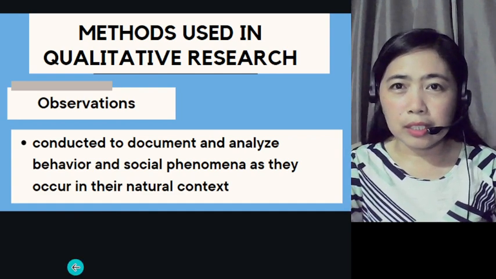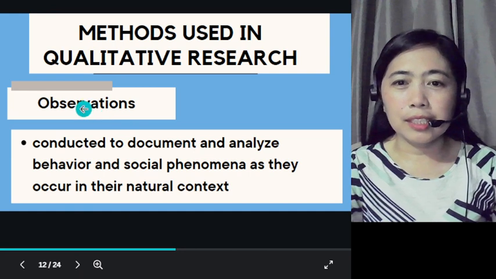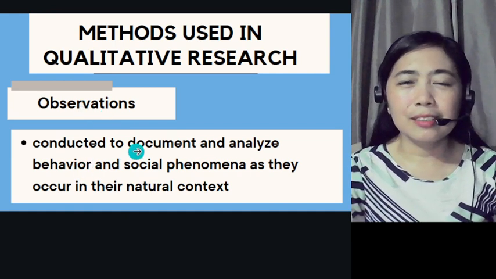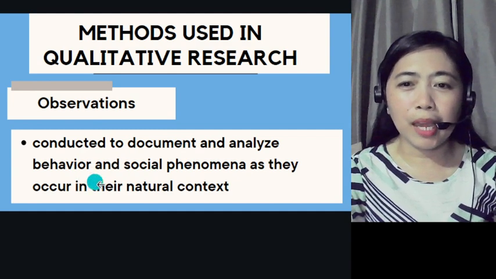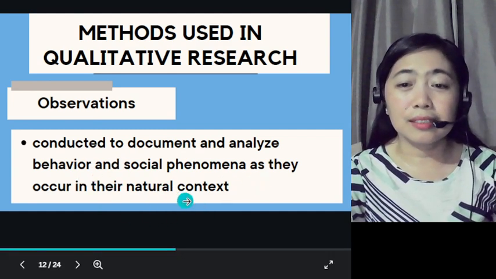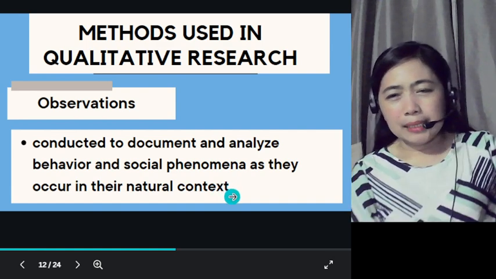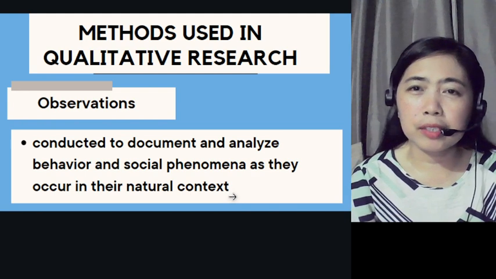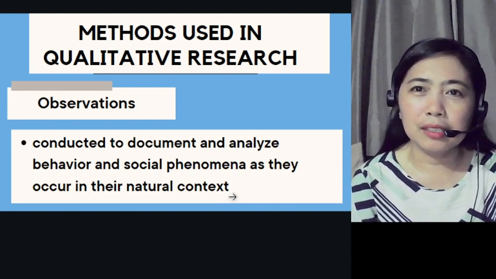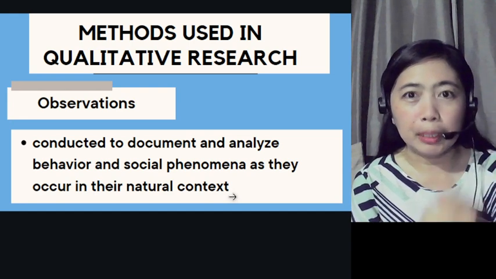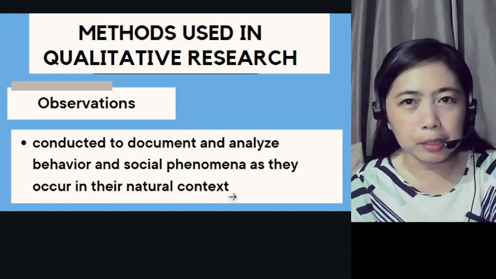Another method that we can use in our qualitative research is observations. Okay, so these are conducted to document and analyze behavior and social phenomena as they occur in their natural setting. Basically, may mo gid siyang sa ethnography imo siyang ma-apply in which nga mo immerse ka sa imong possible participants.